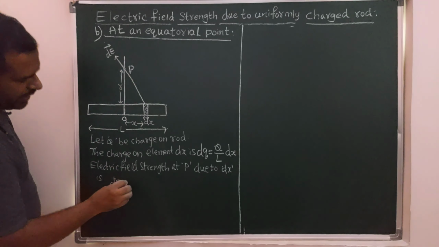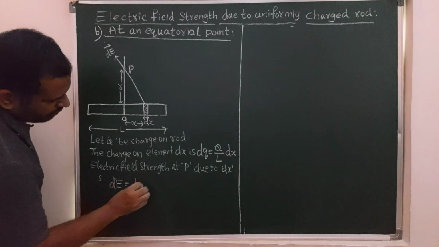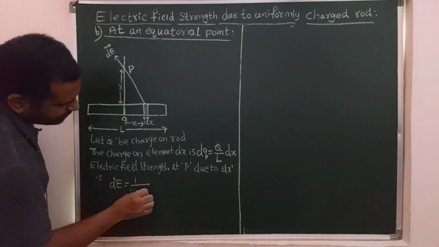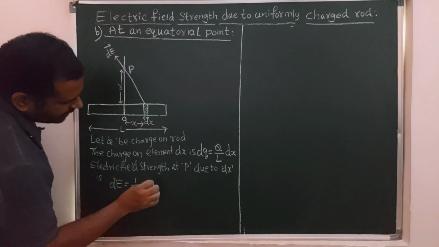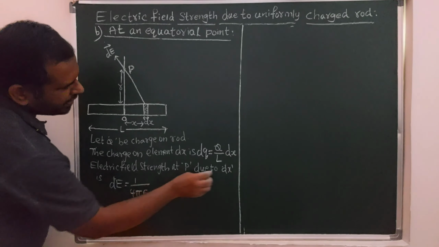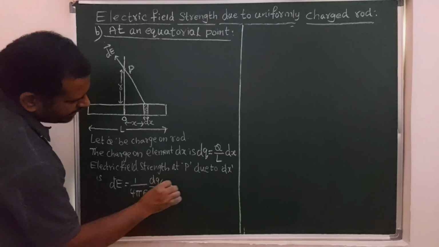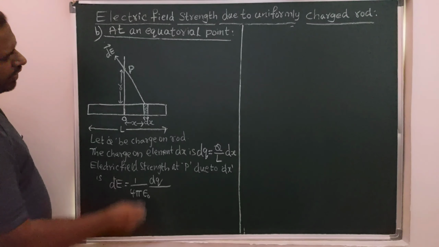We know that due to a point charge, E is 1 by 4 pi epsilon naught into Q by distance squared. Here Q means dq, the charge of the small element, divided by distance squared.